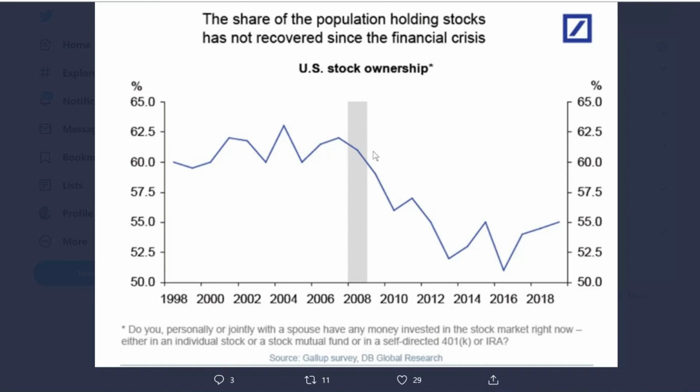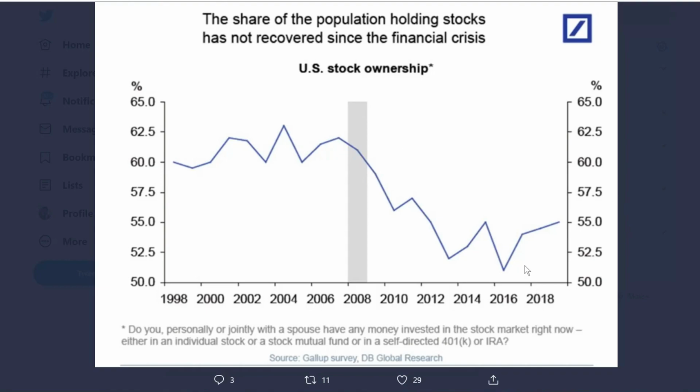Now, let's keep it in context here. At its peak, it was maybe 63%, and right now 55%. Okay, that's only 7% of the population. But 7% of the population is actually not that small. It's fairly significant.